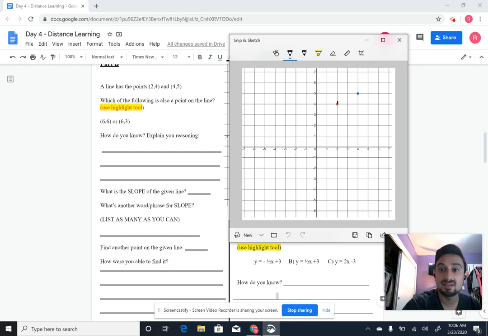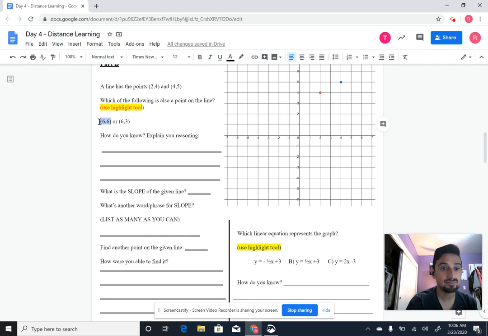Which of the following is also on the line? Well, let's see. Let's extend the line. So let's see. That's going to be up 1 to the right 2. So I'm going to go up 1 to the right 2, up 1 to the right 2. So you can see that 6, 6 is here. So that's going to be the one I want to highlight, 6, 6. So I'm going to highlight 6, 6. And then how do I know?